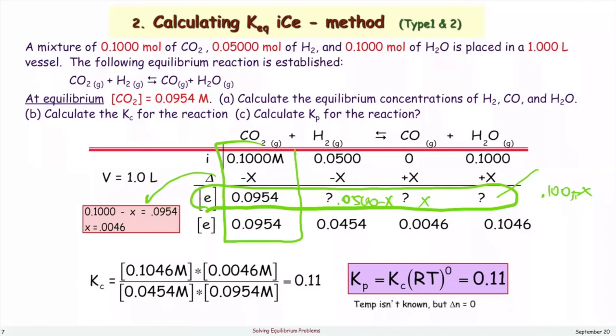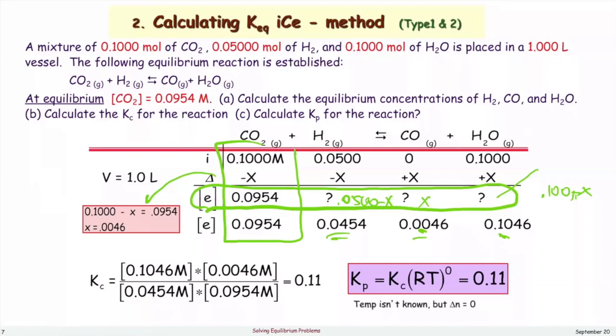And remember that x is the quantity that relates each of the species to each other, and they're related through the balance equation. So once you get the x value, then you can calculate all these quantities here and then stick it into the mass action expression and solve for K equilibrium.